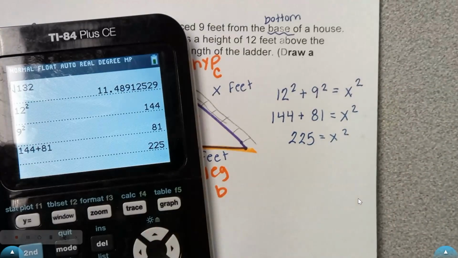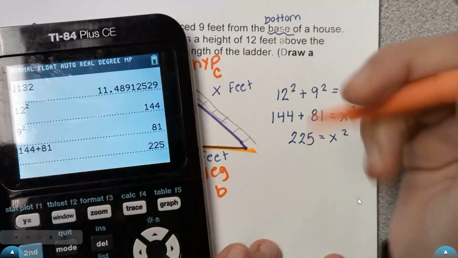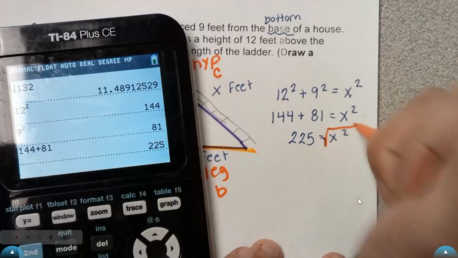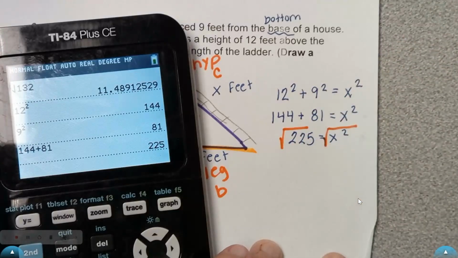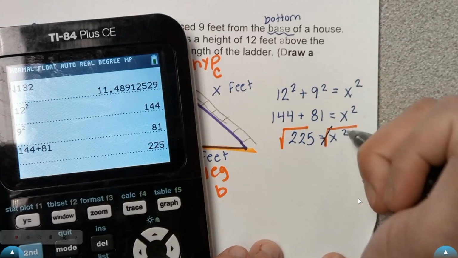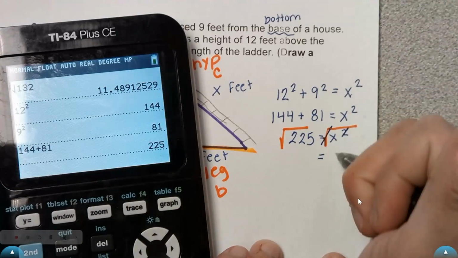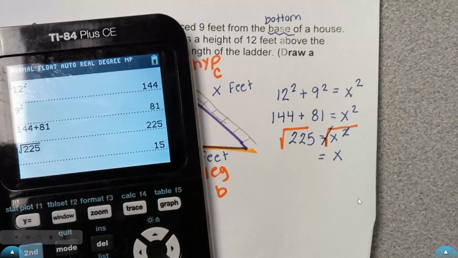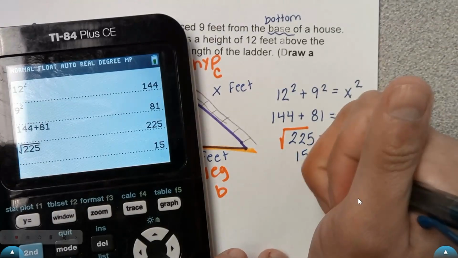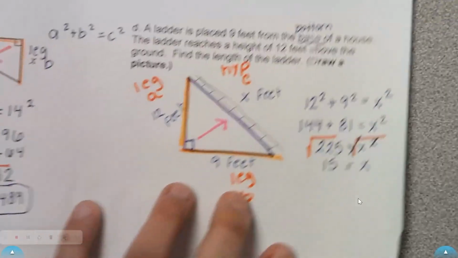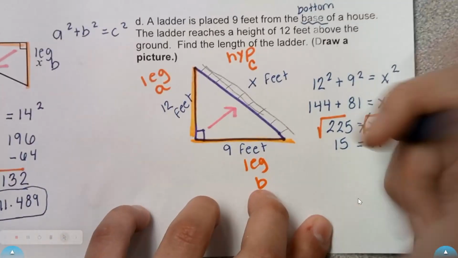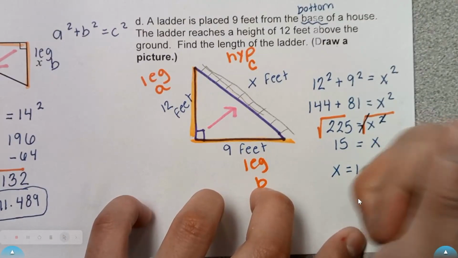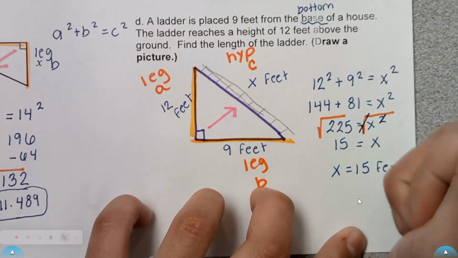And because I have x squared, I just want 1x, so I have to take the square root. So I'm going to take the square root here and here. The symbol cancels with the 2, so I'm left with x. And then I have the square root of 225, which is 15. All right, so x is going to equal 15 feet.